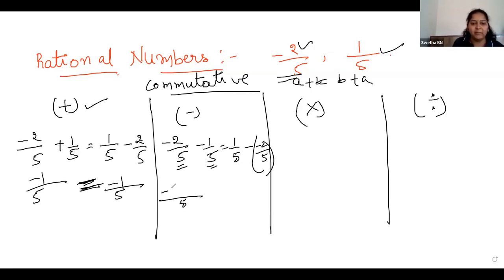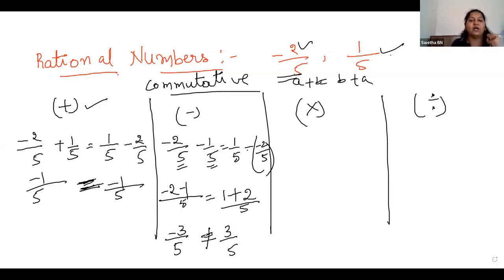Denominators are same. -2 minus 1 is -3 by 5. Here 1 plus 2 is 3 by 5. Are they the same? No, they are different, not equal. So it is not satisfying the rule.